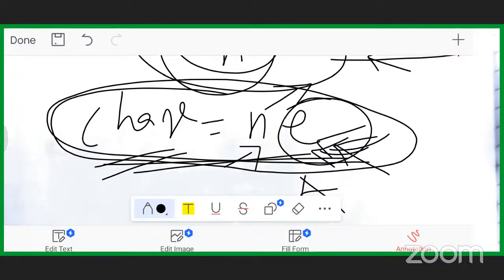Definition of PD or of EMF? Which definition do you want me to repeat, the EMF or the PD? EMF. Oh, EMF. EMF, I've said, is the voltage between the terminals of a cell when it is applying no current.